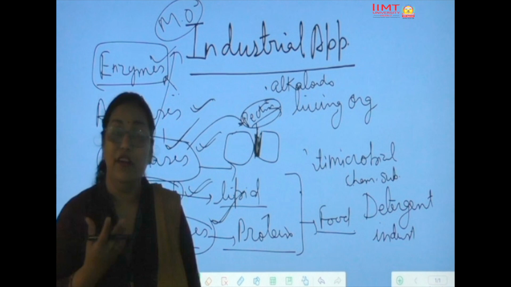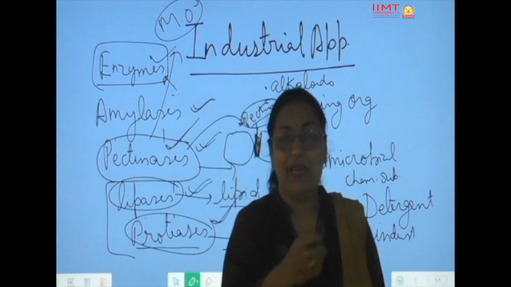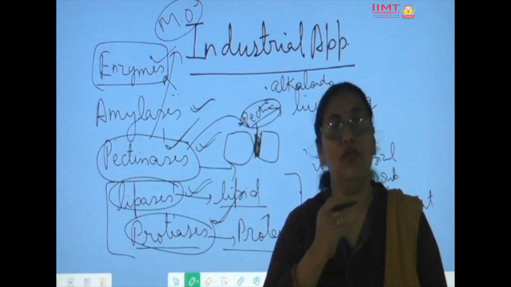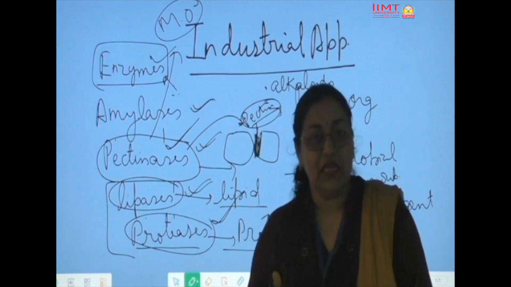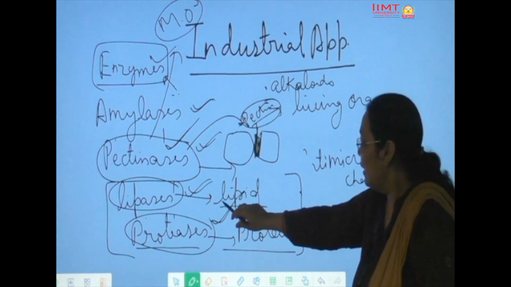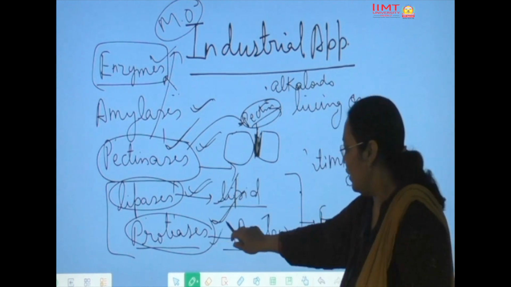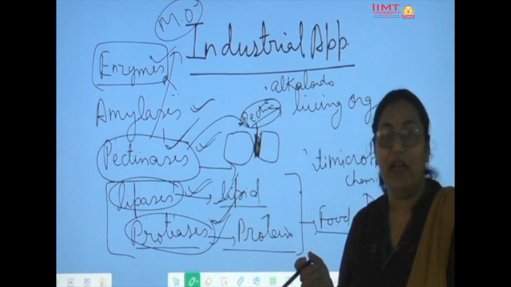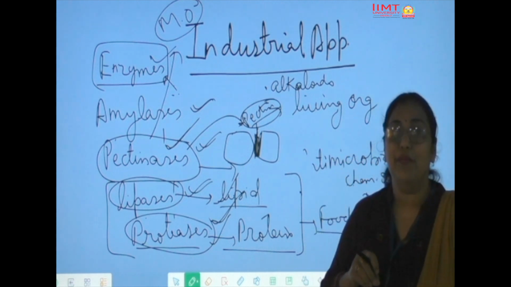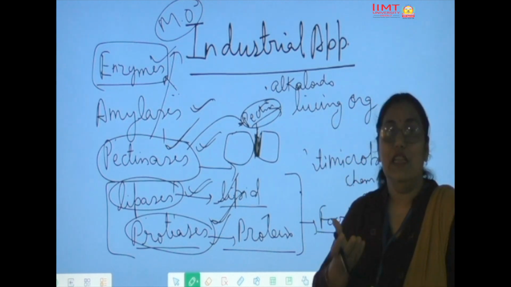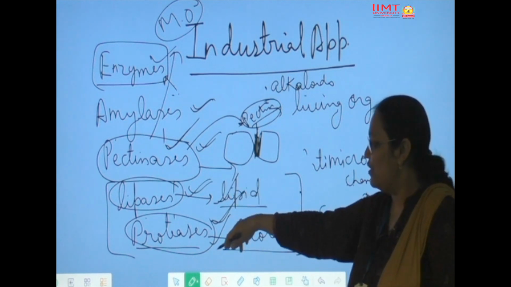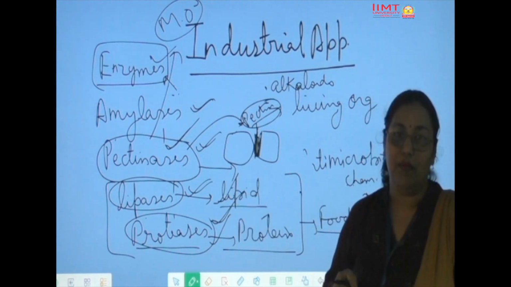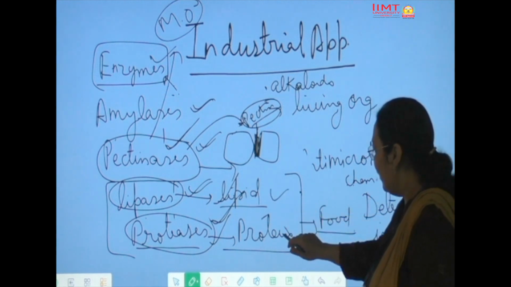Because the detergent industries claim to clear all the stains of food from your cloth. Are they having some magic? No, they are having these lipases and proteases, produced by microbes, incorporated into their product, that is the surf, their powder. In that powder these two enzymes cleave lipid and protein, which are part of food.